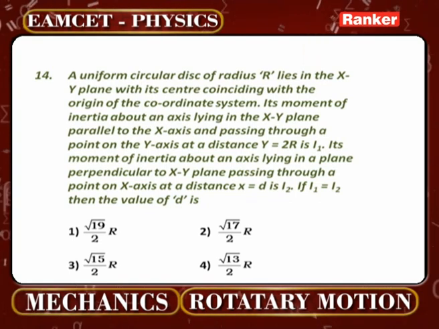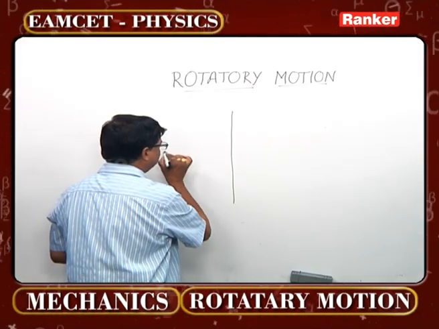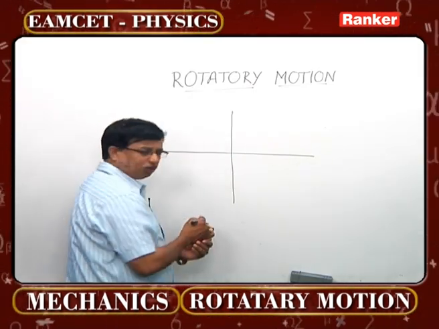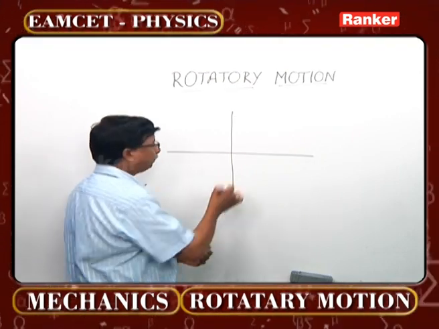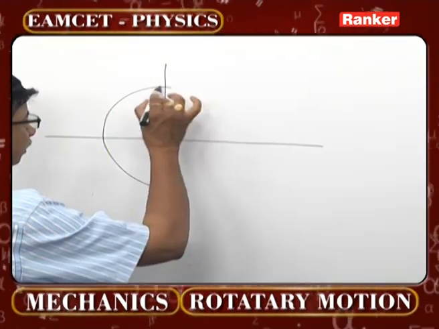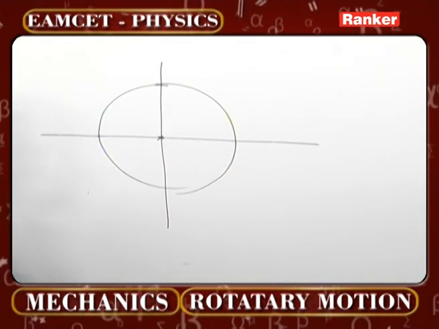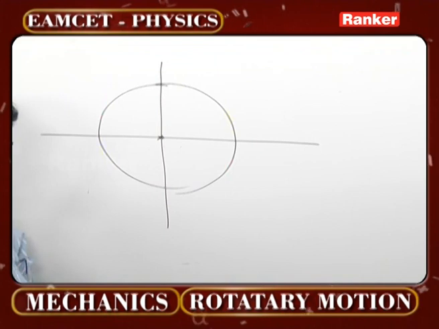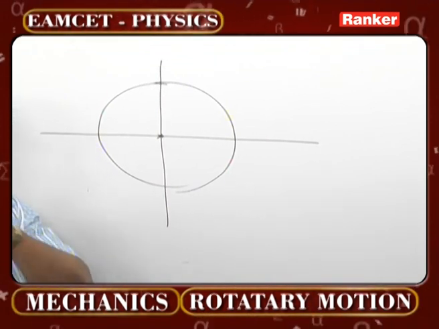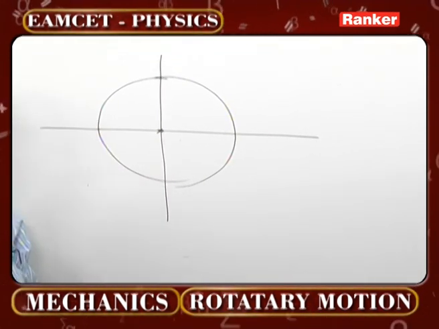He is now talking about an xy plane like this. And of course, what is the body given? It is a circular disc. It is given in such a way that the center coincides exactly with this center over here on the xy plane. That is the question. Now, where is the point he is talking about?